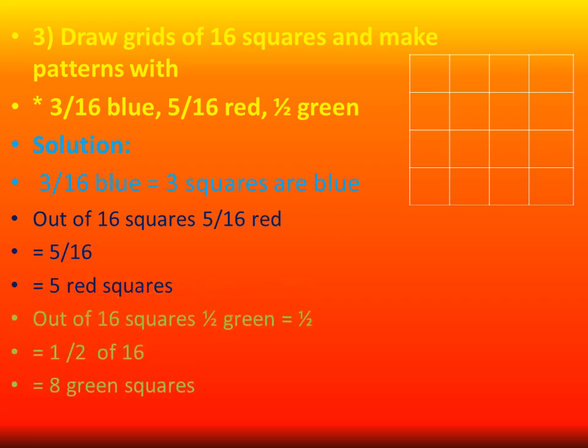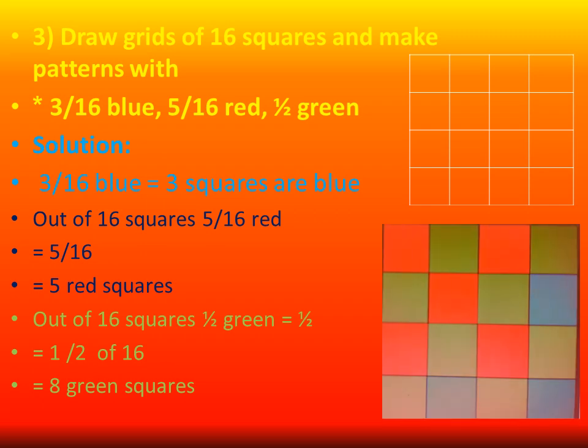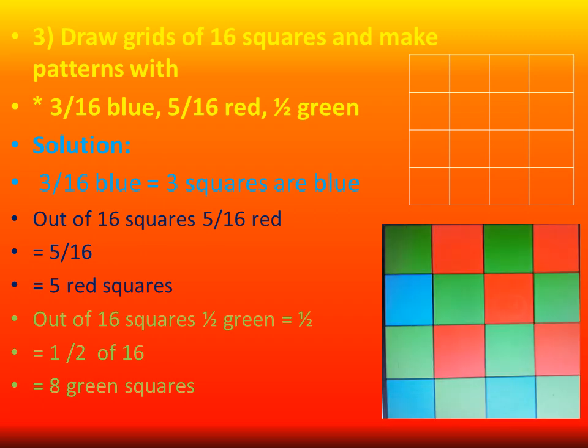So we colored 5 red, and half of 16 is 8, so we colored 8 green. So this is the pattern, or you can shift the colors as you want, but the numbers remain the same. So this is the required answer.